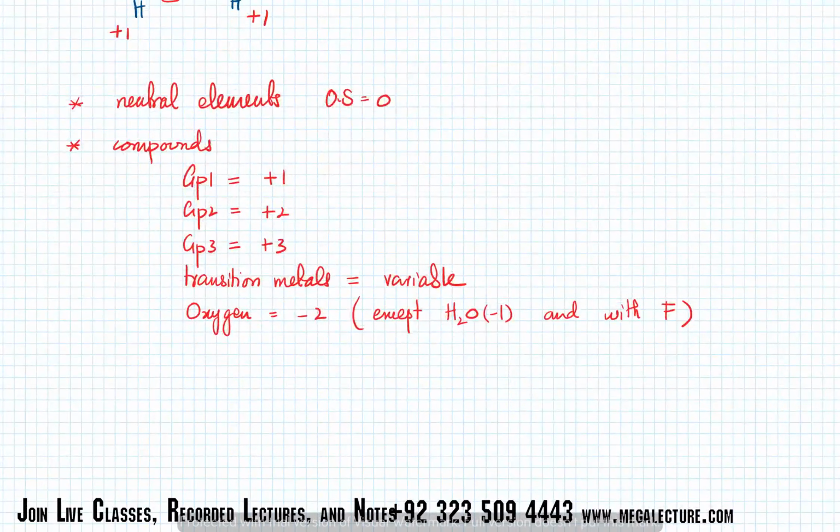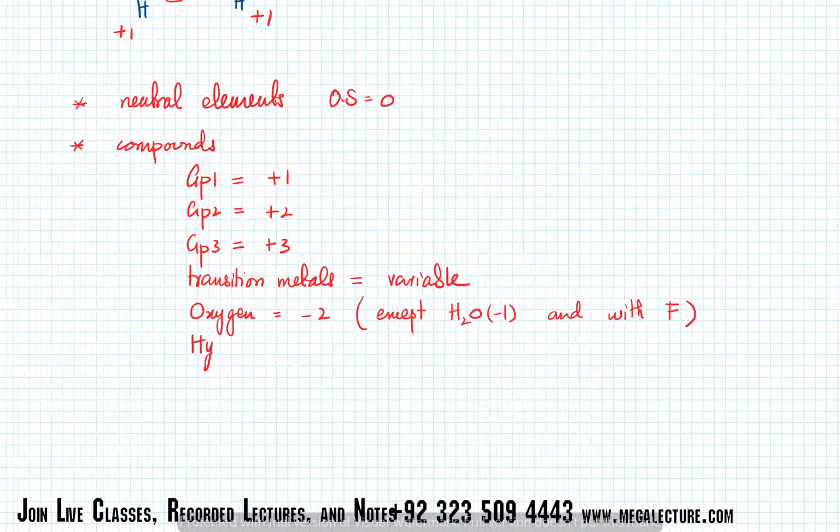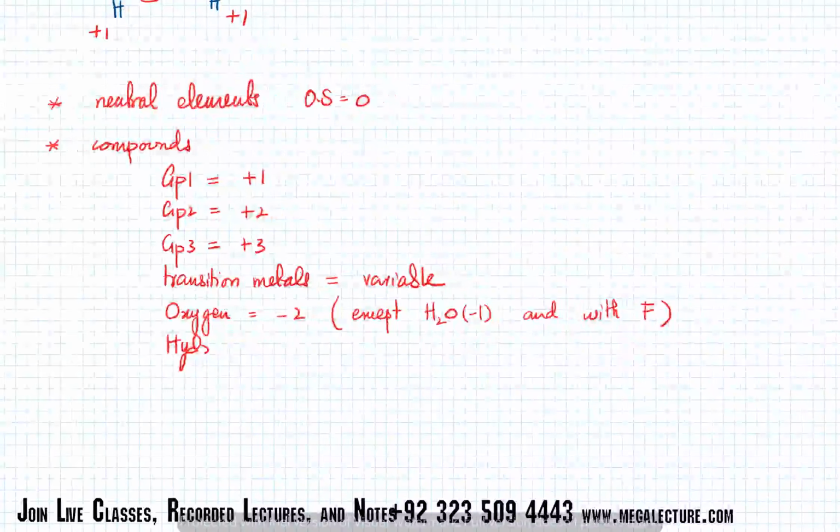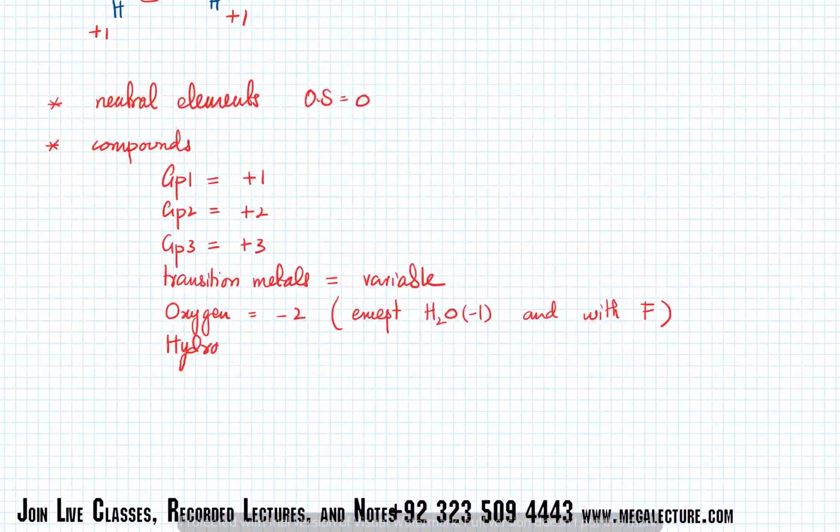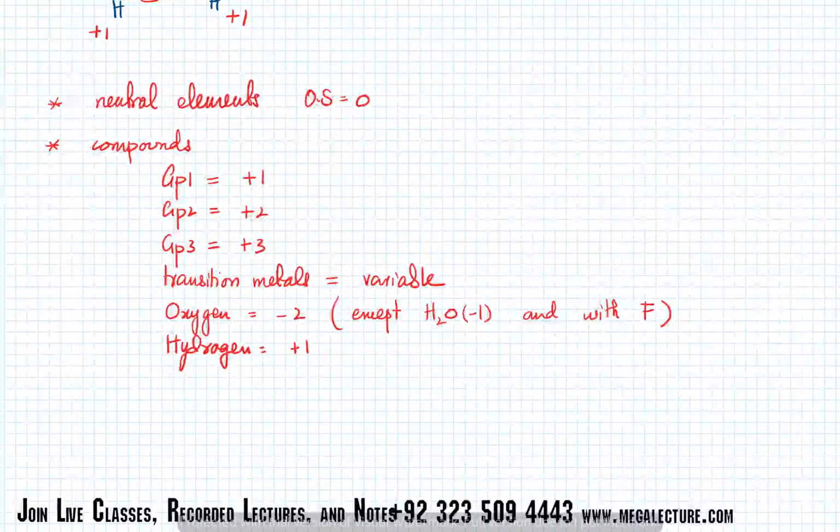And then you've got hydrogen. Hydrogen is normally +1 because it's one of the least electronegative non-metals. But when it comes to metals, then it's more electronegative. So except with metal hydrides.